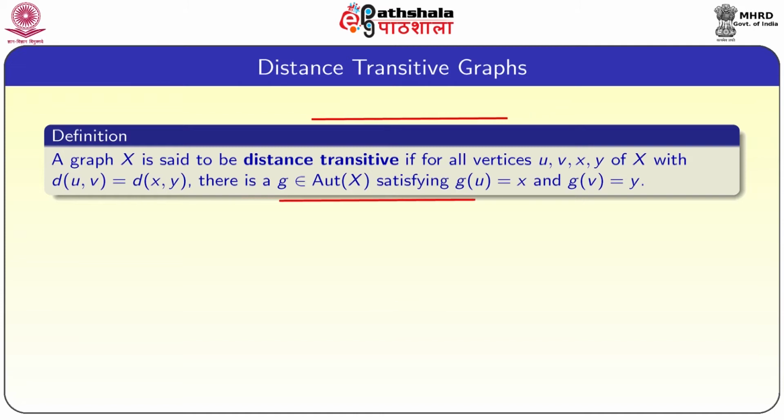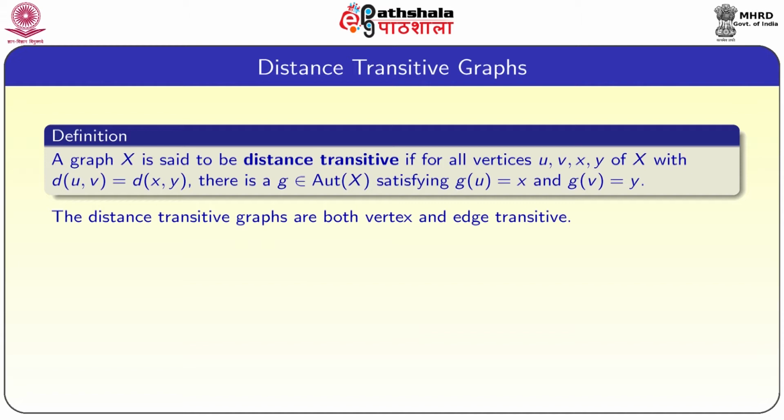That means a graph is distance transitive if we take a pair of vertices such that the distance between them is equal, that means (u, v) is one pair and (x, y) is another pair, and the distances between them are equal, then automatically there exists an automorphism which takes u to x and v to y. So, that is why it is called a distance transitive graph. It is preserving the distances.